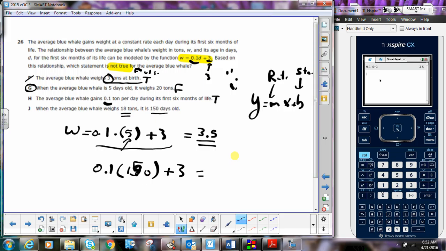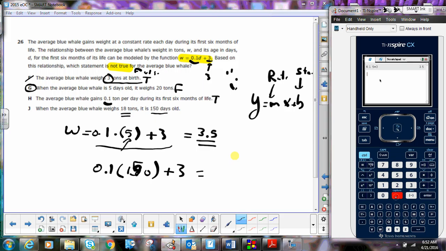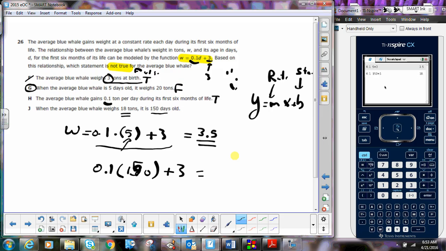So let's see: 0.1 times 150 plus 3. Enter. 18. So we know this statement is true. So the answer would be G. That's the false statement. And be careful with "not true."